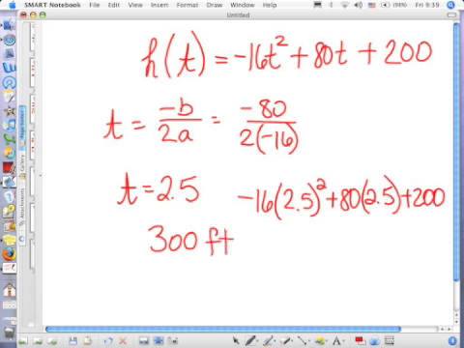So your vertex is 2.5, 300. Because t is the time in seconds that it takes to get to its highest point, and h of t is how high it is at its highest point.